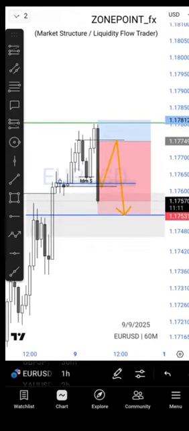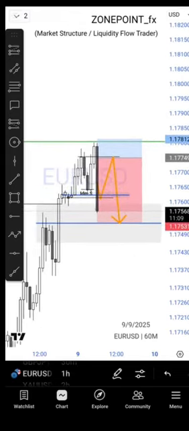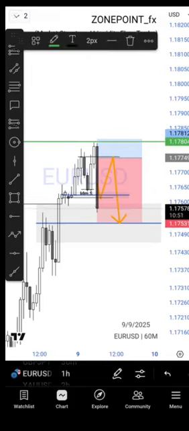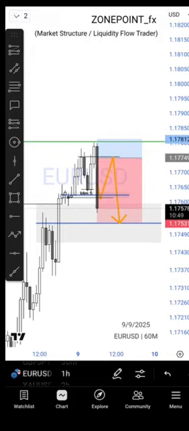So I just want us to wait and see the reaction of this candle before stopping the video. You can see how price sticks to this key level up here, which is that green line.